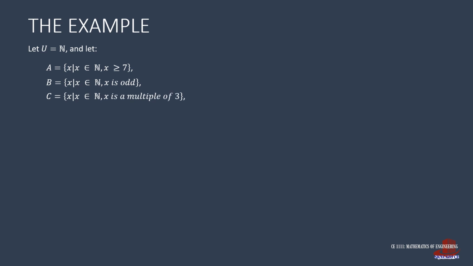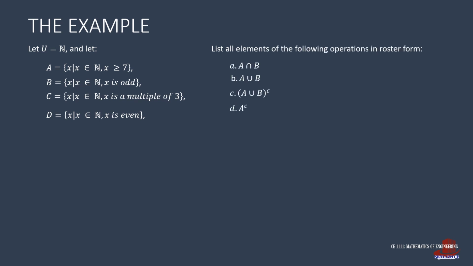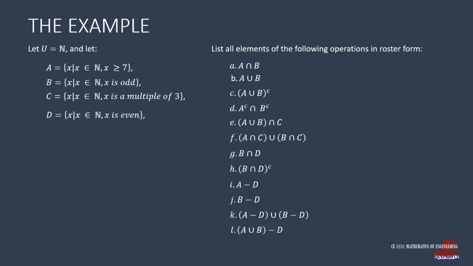Set C is all values of x, which belong to natural numbers and they are multiples of 3. The last set D is a collection of all x where x is a natural number and it is even. From the given sets, we are to determine a list of operations as shown, and our answers should be written in roster form.